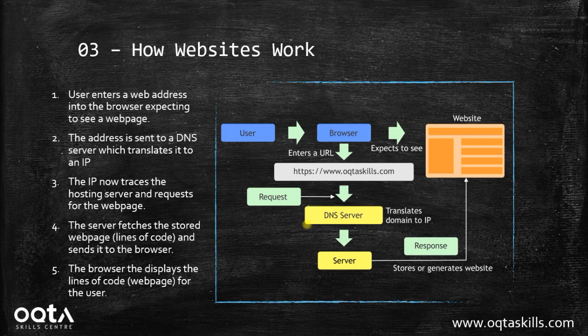Now the phone book knows that this name is Kojo, and the number that corresponds to Kojo is 0248232822. So when you tap on Kojo, the phone book is not going to dial Kojo. The phone book is going to look for the number associated with Kojo and then dial that one. So it's the same thing that happens over here.